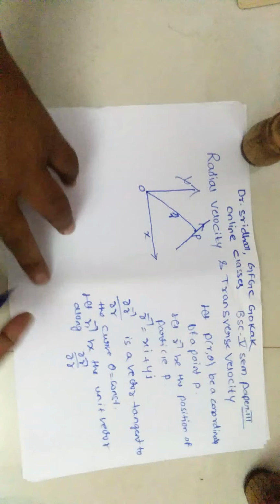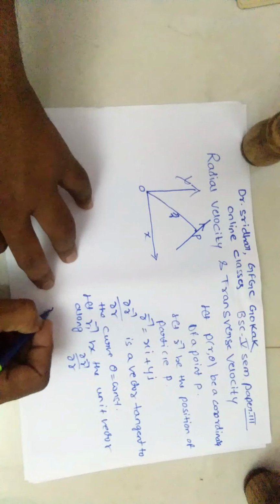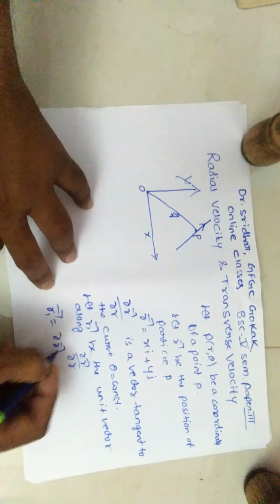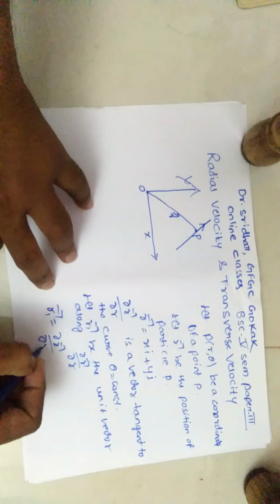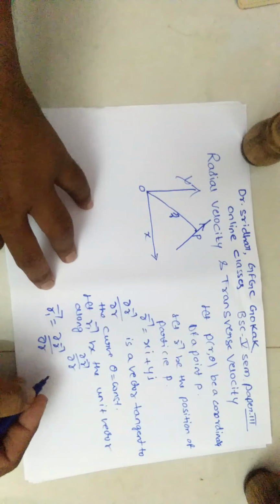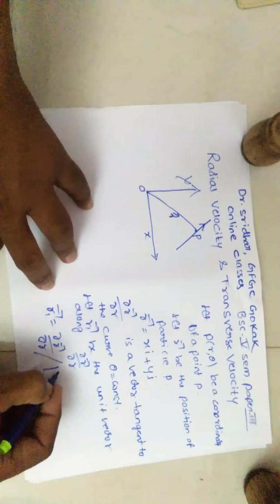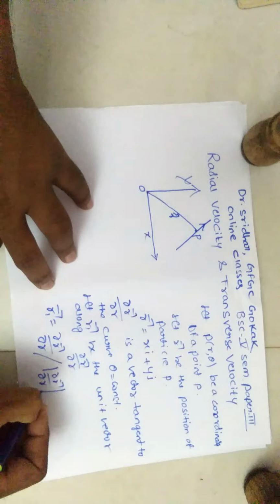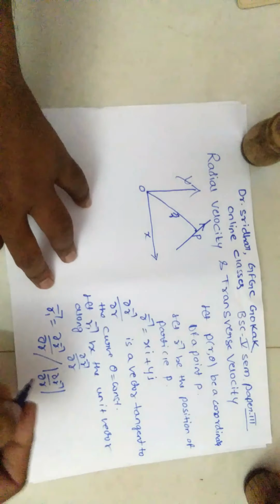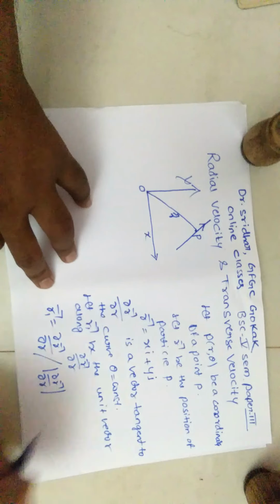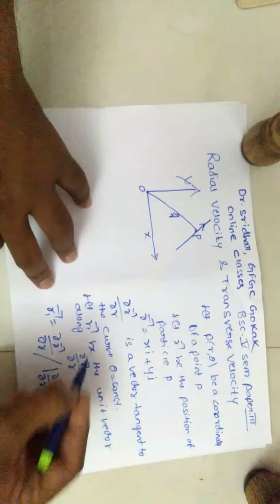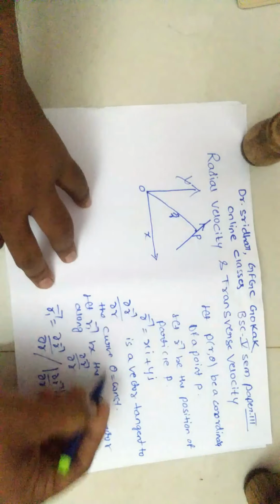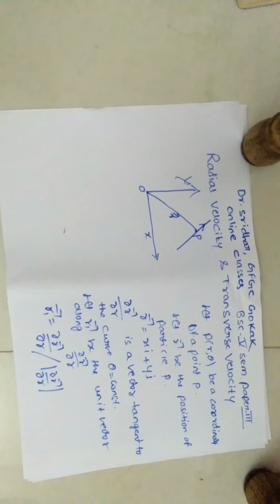Then, according to the definition of the unit vector, r1 bar is given by dou r bar by dou r divided by the absolute value of dou r bar by dou r. This is the unit vector along dou r bar by dou r, that is, along the curve theta equal to constant.